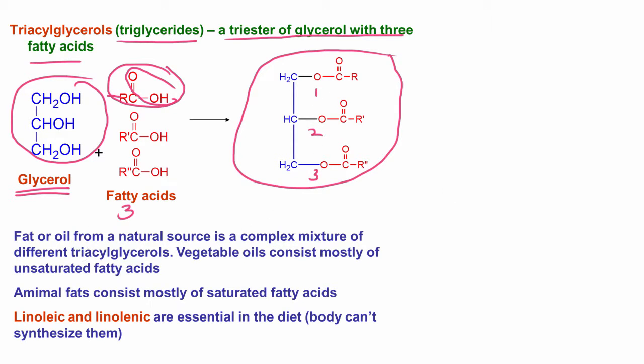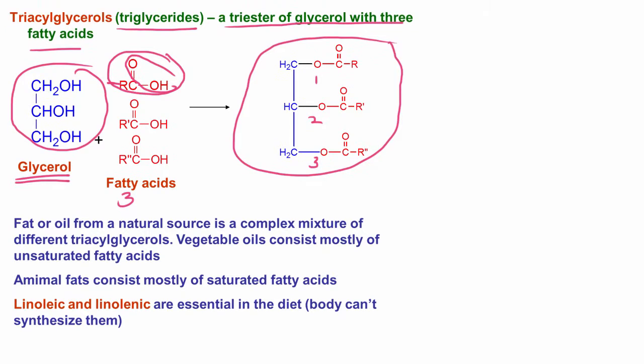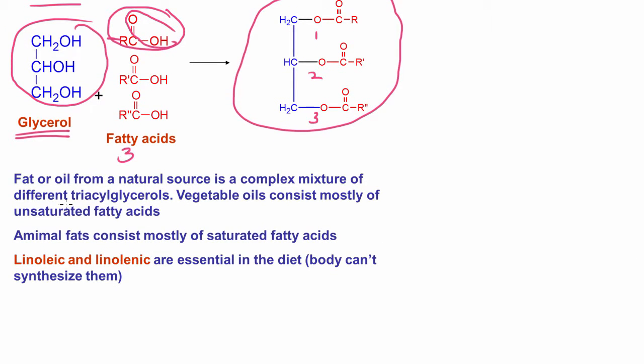So it turns out that fats or oils from natural sources are complex mixtures of different triglycerides. Vegetable oils consist mostly of unsaturated fatty acids, whereas animal fats consist mostly of saturated fatty acids. Remember, we're told we should eat more unsaturated fats than saturated fats.